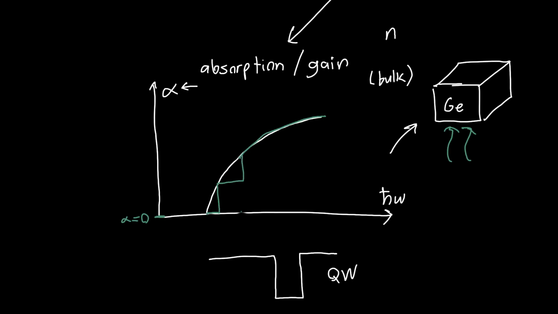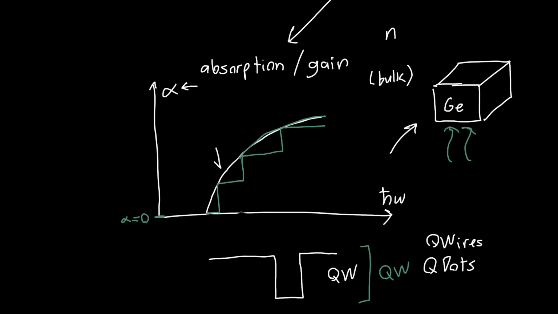And it will turn out to look something like this. Instead of this smoothly varying thing, we've actually got a staircase going on. And so this is for quantum wells. We'll also briefly analyze things like quantum wires and quantum dots, and what their absorption spectra look like.